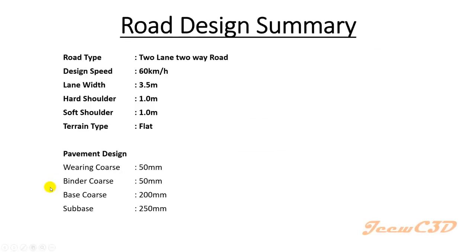At the start of the design summary, I told you that in your pavement design you will have these layers: bearing course 50, binder course 50, base course 200 and surface course 250. For the bridge section, we will assume we only have bearing course 50 and binder course 50 millimeters.